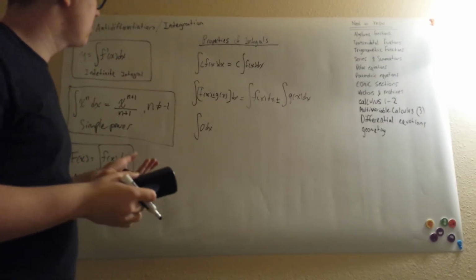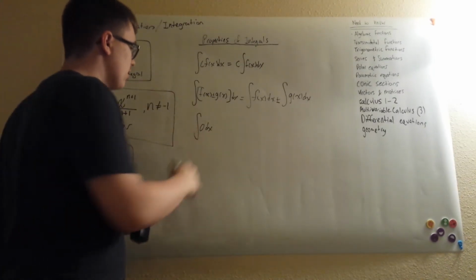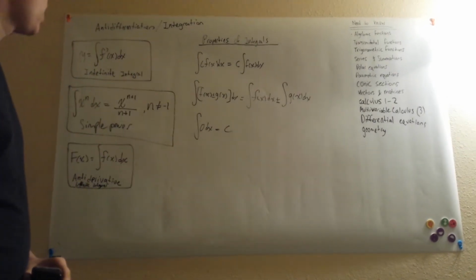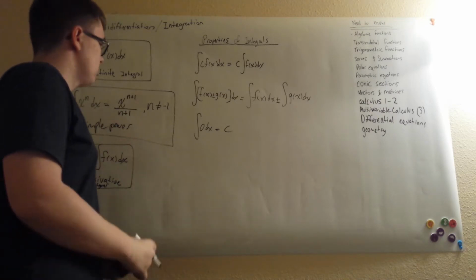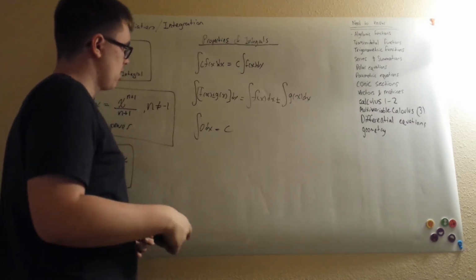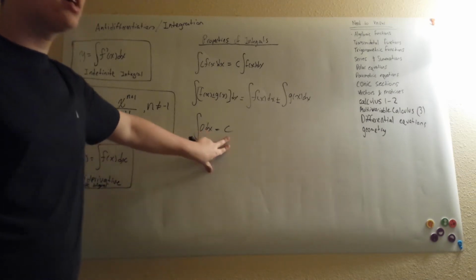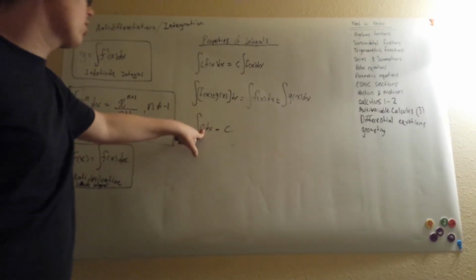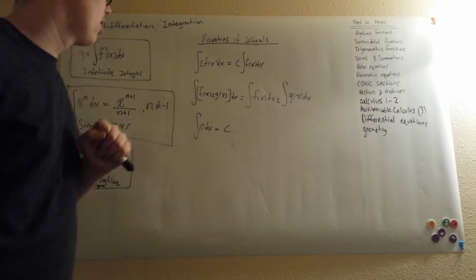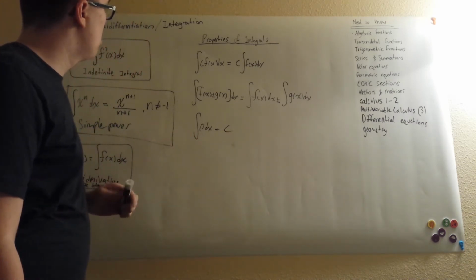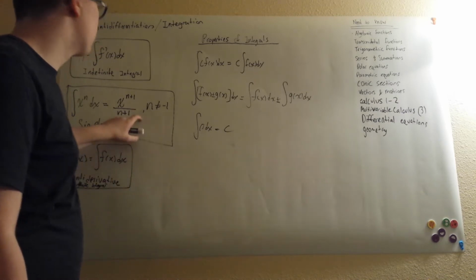If you're integrating 0 dx, this equals a constant. Because if you take the derivative of any constant, you're going to get 0. That's why. That's a property.